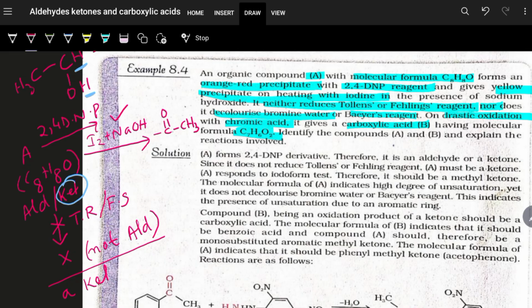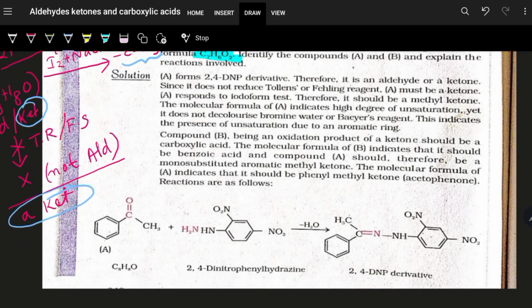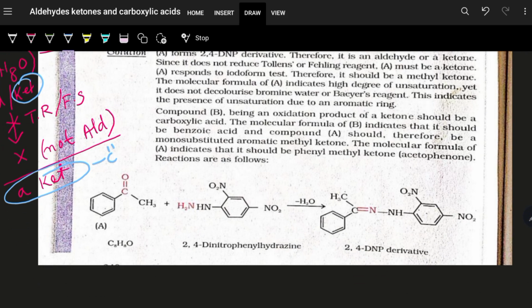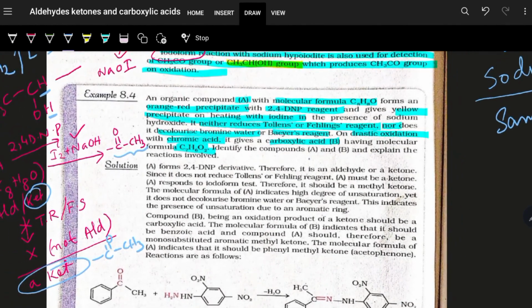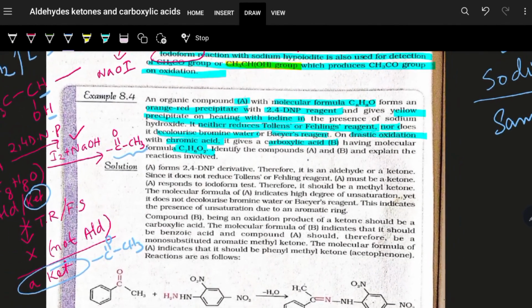So we'll say from here that it is a ketone. One more thing I'll say: if it is a ketone, it should obviously contain this linkage. The COCH3 linkage is present in the ketone.